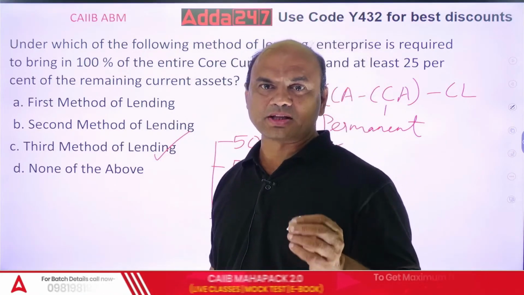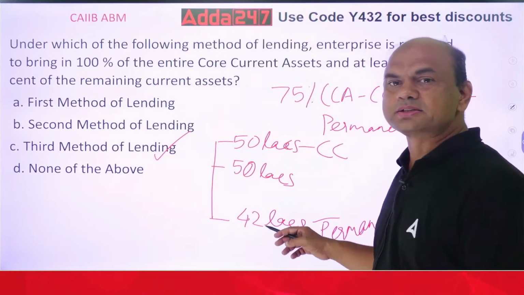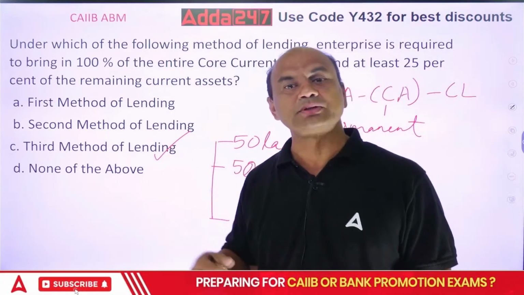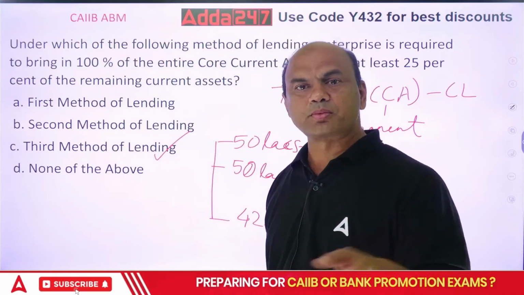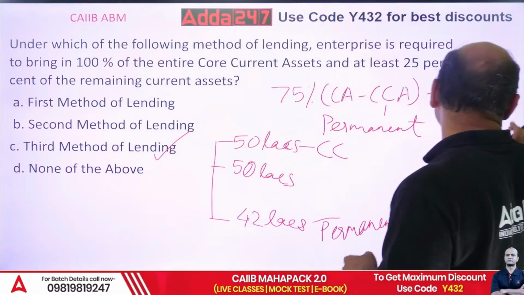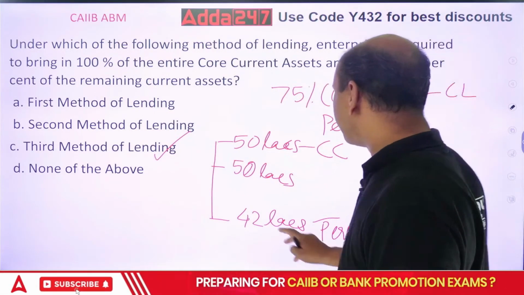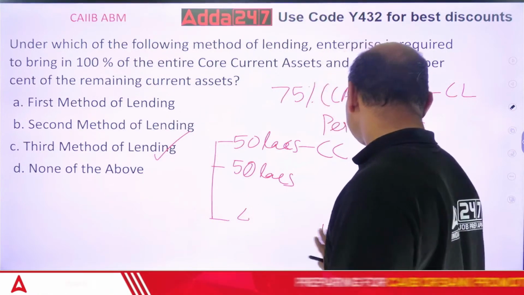Some banks classify it like this. Because out of 50 lakhs, if I tell this customer to bring 42 lakhs, 100%, this customer won't come to me at all. So what do the banks do? Banks follow a different method in this. Okay, what are the different methods? Banks follow like this. See.